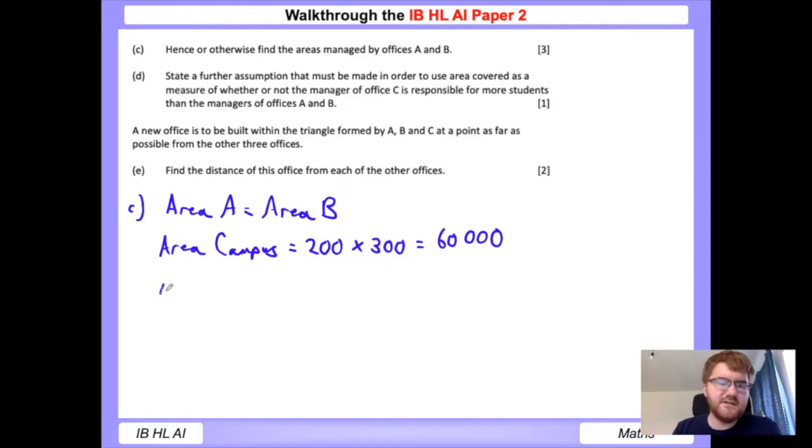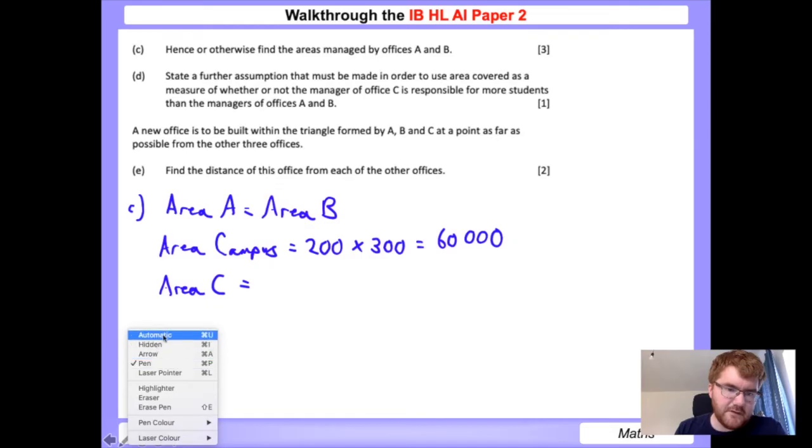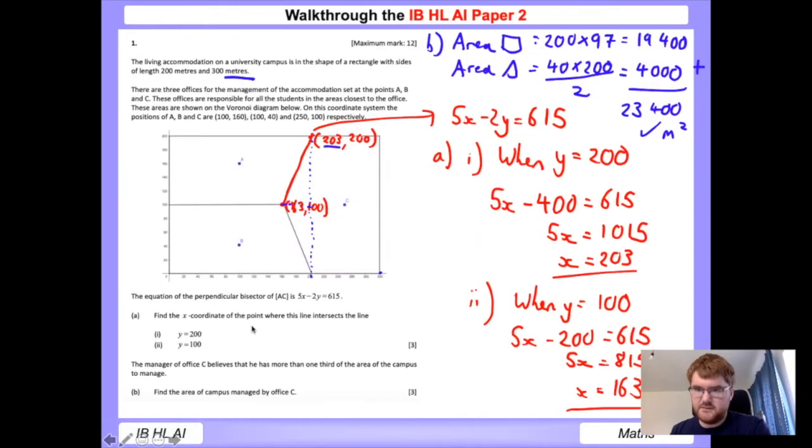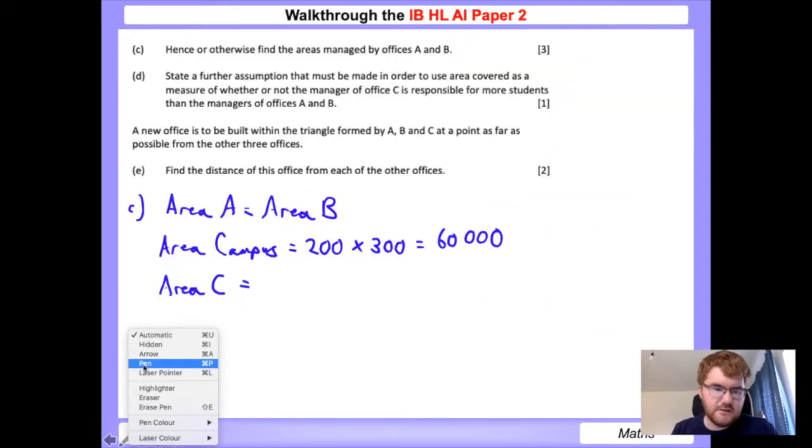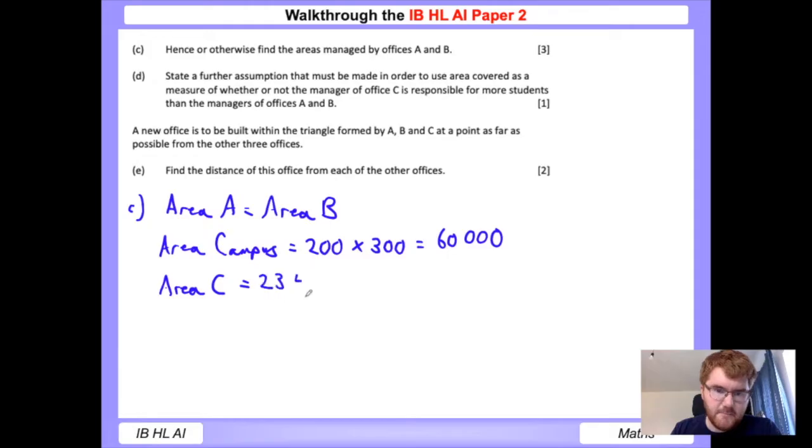Okay, so the area of C, let's see what that was equal to. That was equal to 23,400. I'm going to write that in again. So to work out the area of, say, A and B together, I'm just trying to write out my working here.